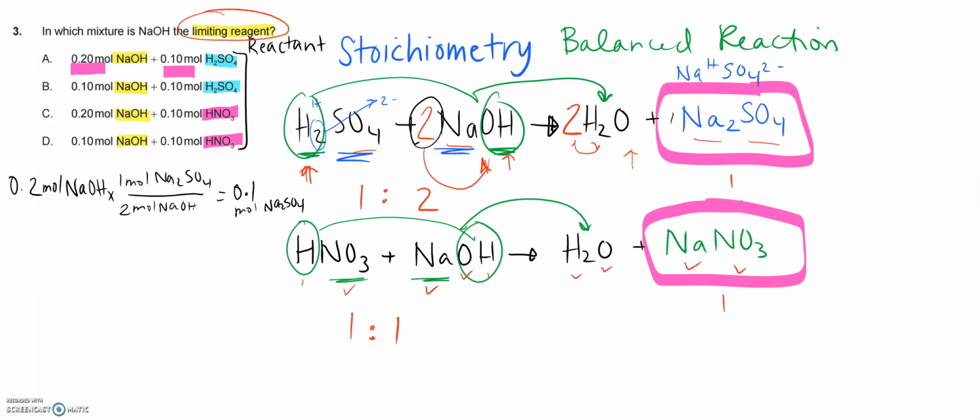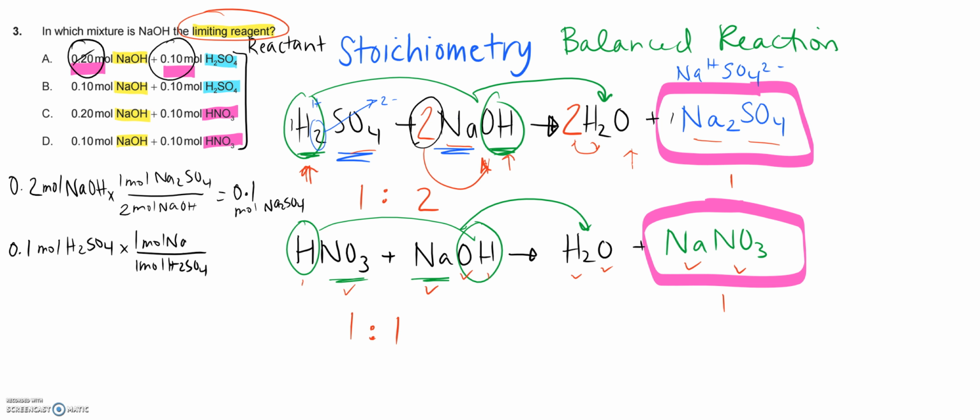And then I want to look at my other reactant to see, so we got that one taken care of. I want to look at this one, and I'm starting with 0.1 moles of H2SO4, and I'm looking at my ratio. There's 1 mole of H2SO4 for every 1 mole of sodium sulfate.